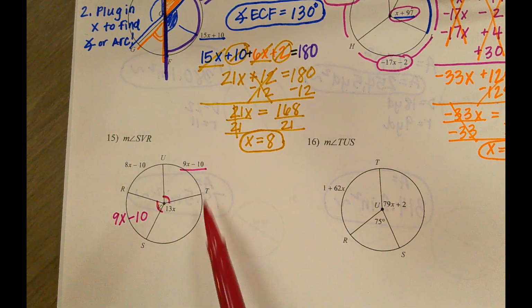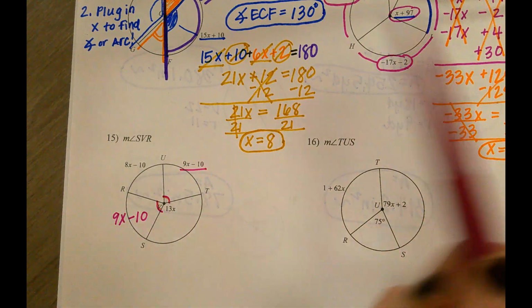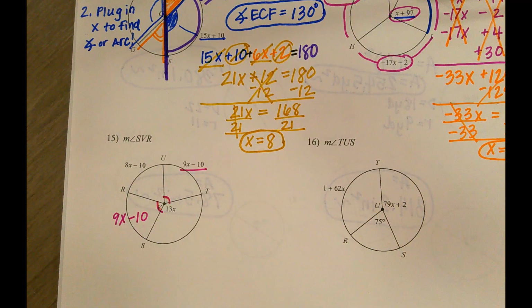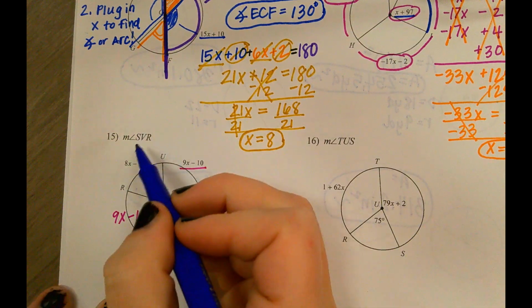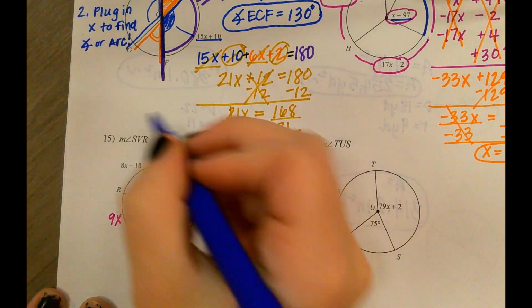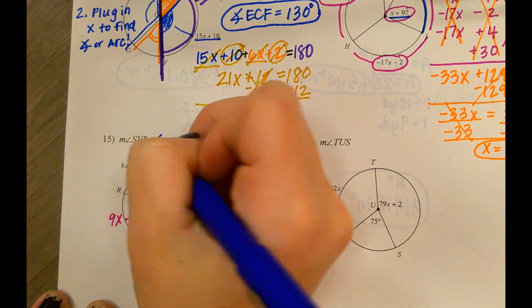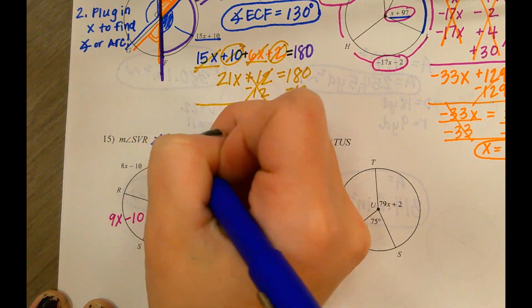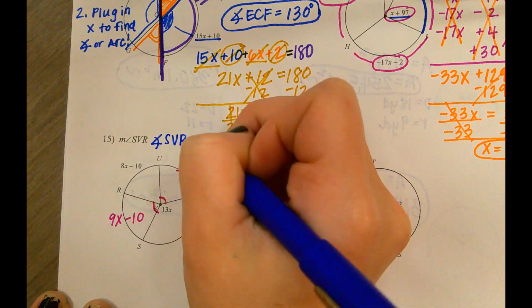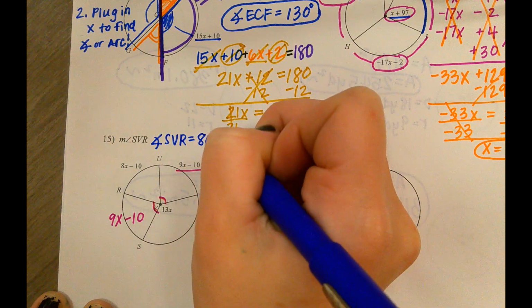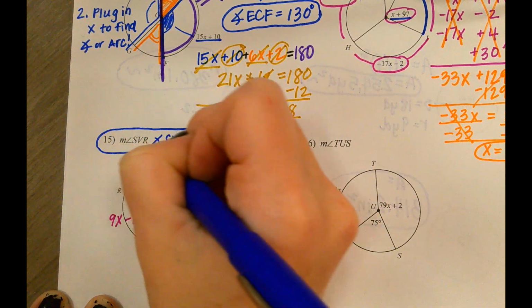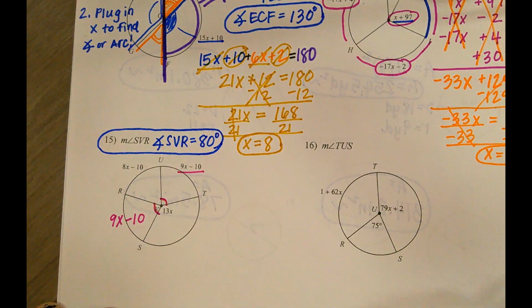Once you have all your angles labeled, which they now are, you can solve this problem exactly like number 14. And I'll give you an answer for that one, so in case you decide to go back and do it later, you'll have a way to check your work. Number 15, after you solve it, you should get that angle SVR is 80 degrees.